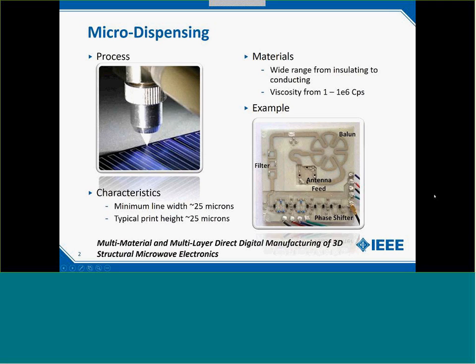The device you see in the lower right-hand corner is actually made using a combination of FDM to create the substrate, and this is a demonstration of using micro-dispensing to create the interconnects. And this device and similar ones are described in the paper referenced, which is noted at the bottom of the slide.